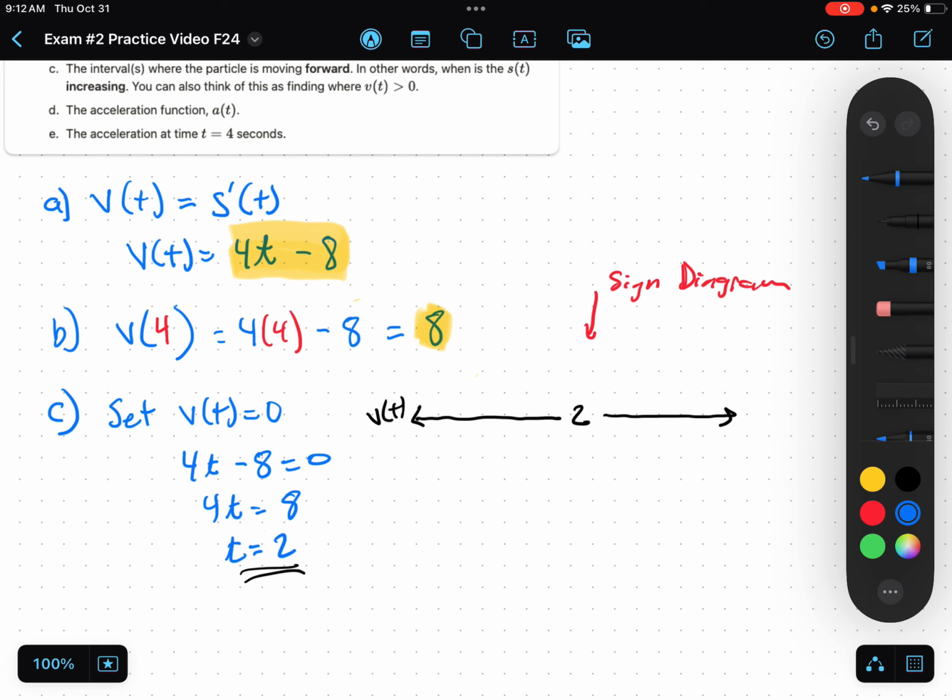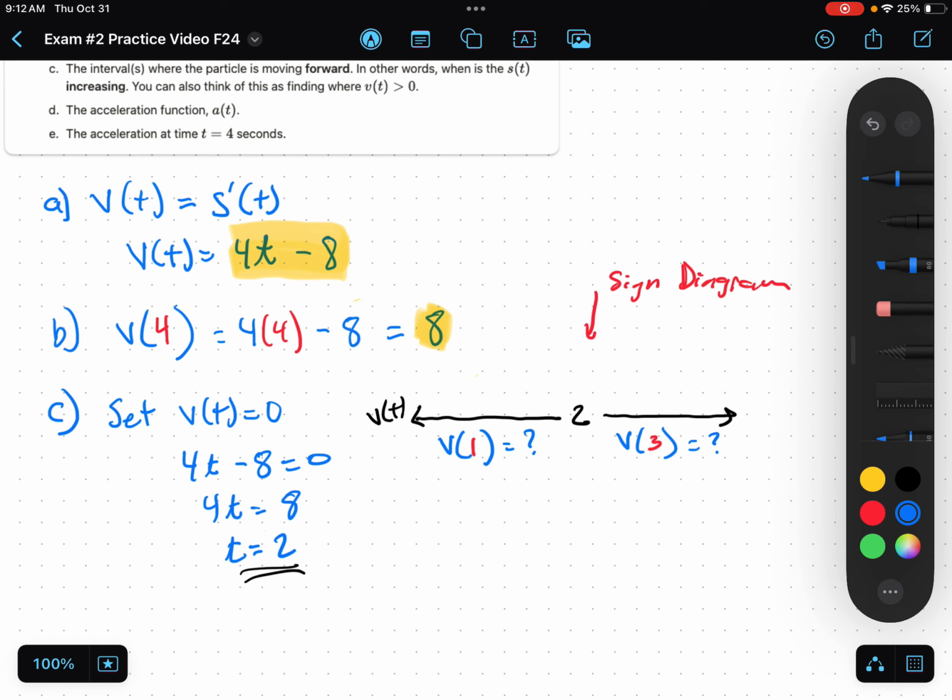Basically, I just need to find out what's happening with the velocity over here. I'm going to pick an easy number like 1, because 1 is to the left of 2, and I'll figure out what that is. And I've got to figure out what the velocity is doing over here, something like 3. We're going to test those out, and that'll tell us where we're increasing or decreasing.